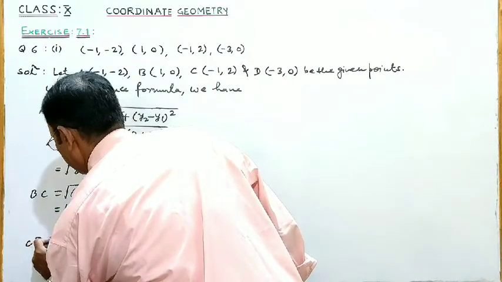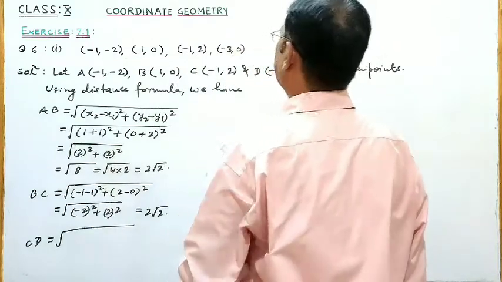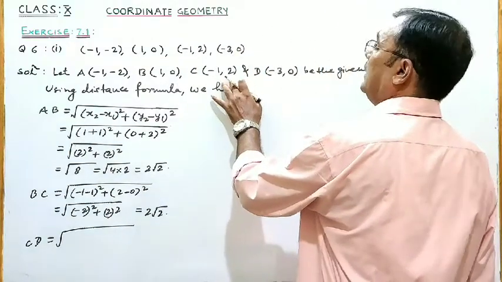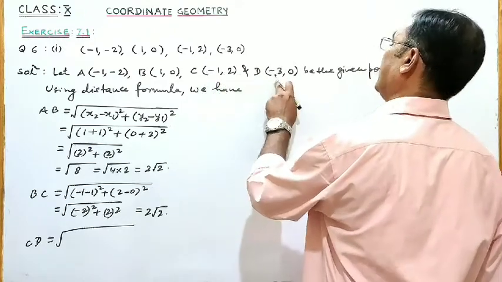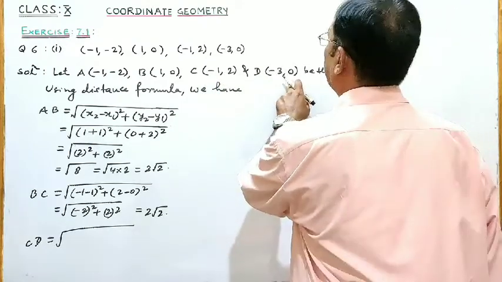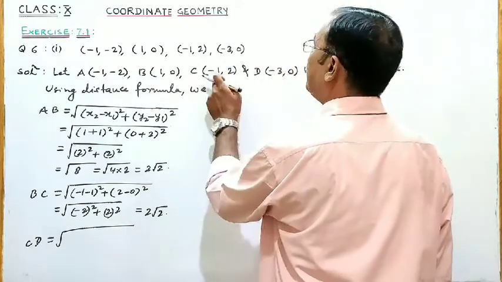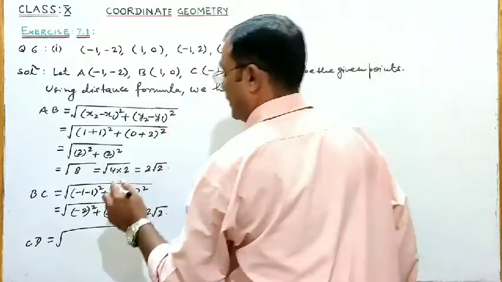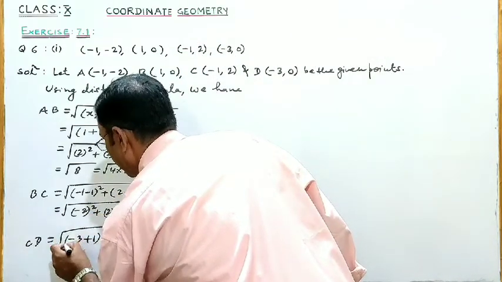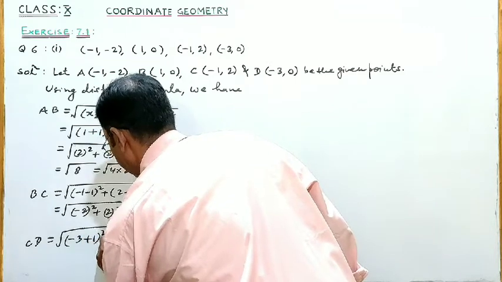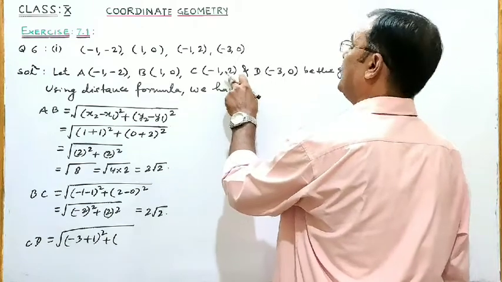CD now. Under root, third side CD. Minus 1, 2 is like x1, y1, minus 3, 0 like x2, y2. So x2 minus x1, minus 3 minus minus 1 plus 1, minus 3 plus 1 whole square plus y2 is 0, y1 is 2.